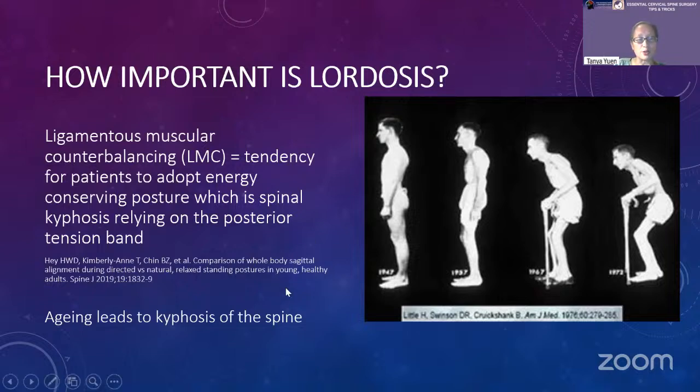And you notice, when you're tired, you tend to slouch a bit, and that's you leaning on your posterior tension band. And that's how aging then leads to kyphosis, because the anterior components of the spine, the discs, the ALL, etc., all become degenerate and less able to load bear.